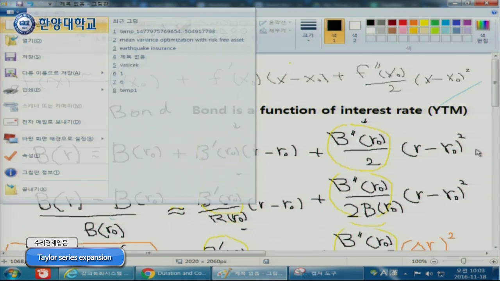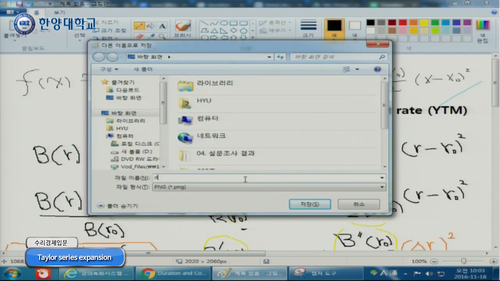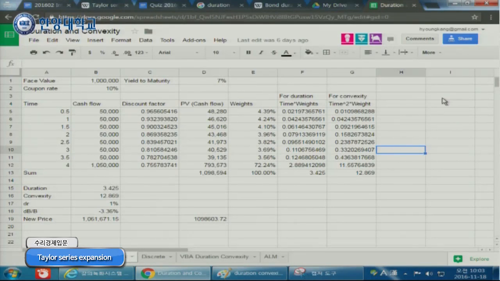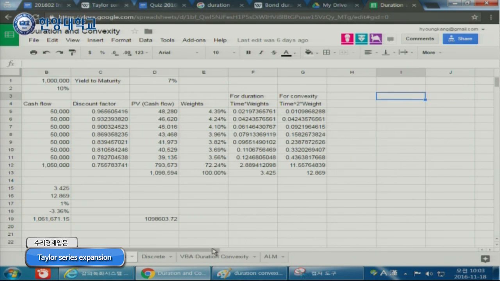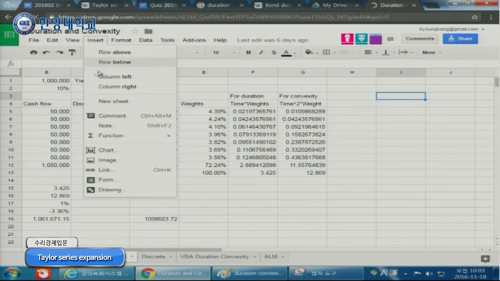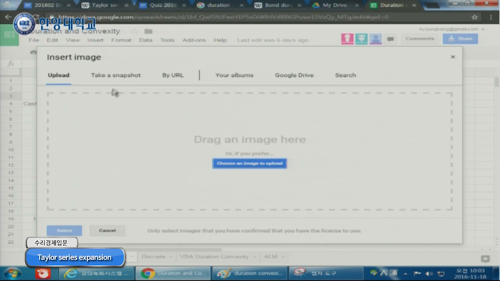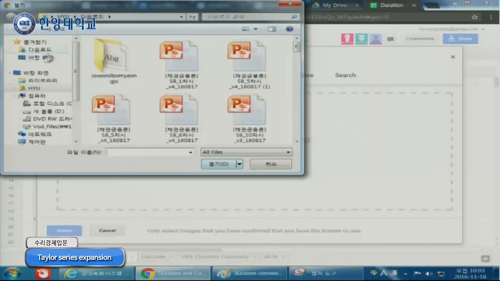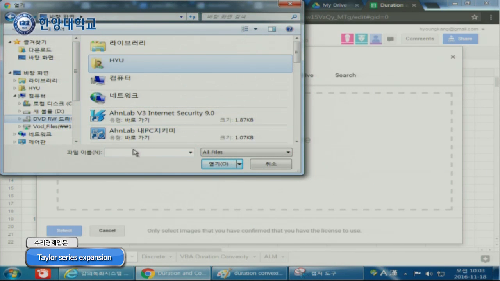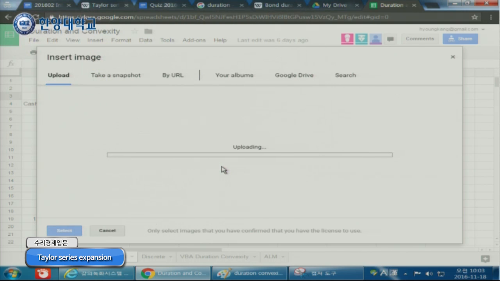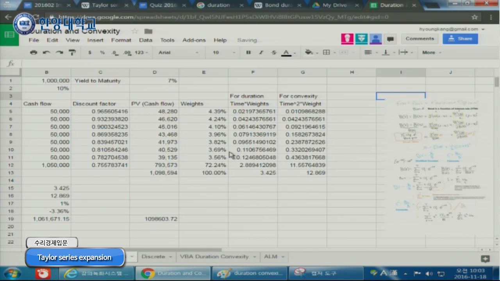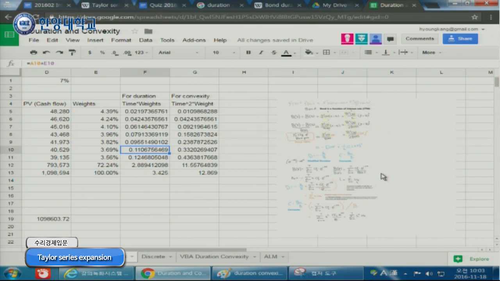Let's save this one as PNG. Duration, convexity, and then let's save over here. Insert image. Oh, it is very small, not pretty.